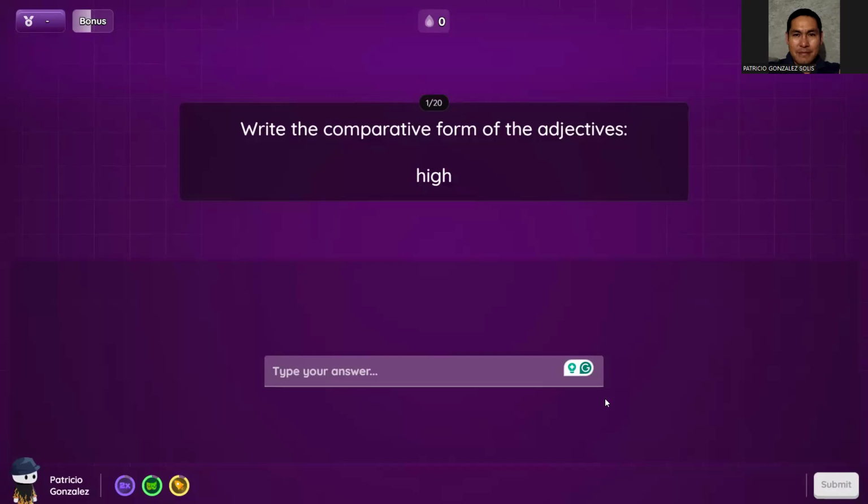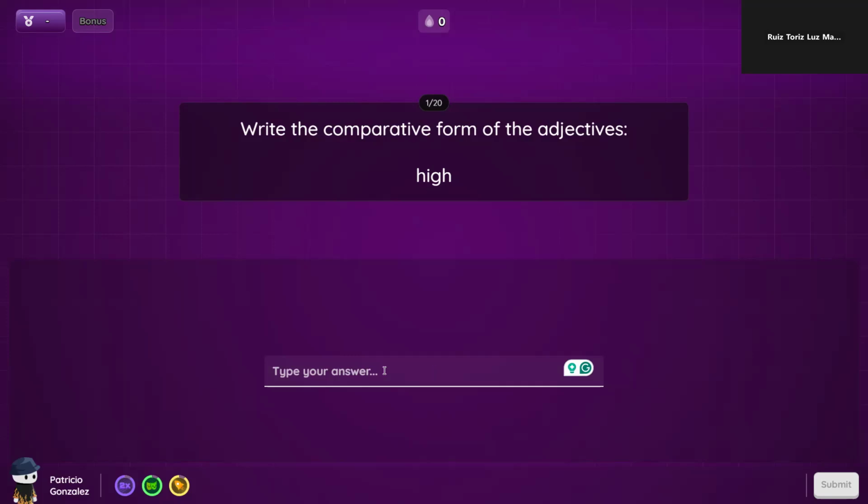Here we go. Form of the adjectives. Comparison. Okay. My dear Luz Maria, are you there? Yes. It's normal adjective, in comparative form, it is short.